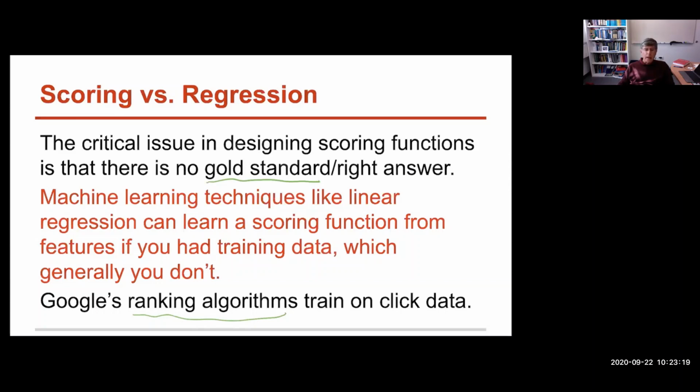They know based on which links you clicked on, so you have insight as to when the ranking function was right and when it was wrong. So in these cases, yes, you can design a regression-like system, a machine learning system, to try to predict what the ranking should be. Generally, we don't live in this kind of world. Any questions about that?